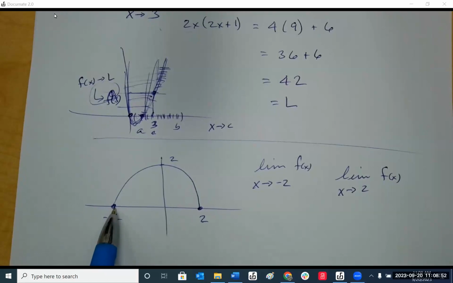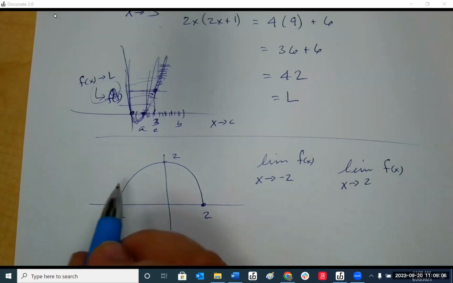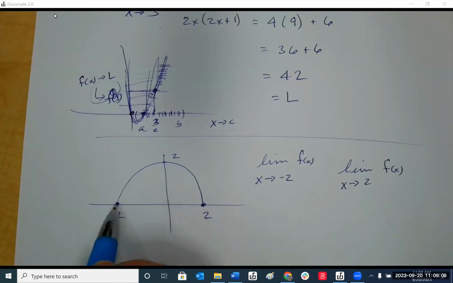We can't do that with this. How do you test the end bounds of a finite function? So I can't approach this value from, this is my C value. I can't approach it from here. Because first off, there's no graph.